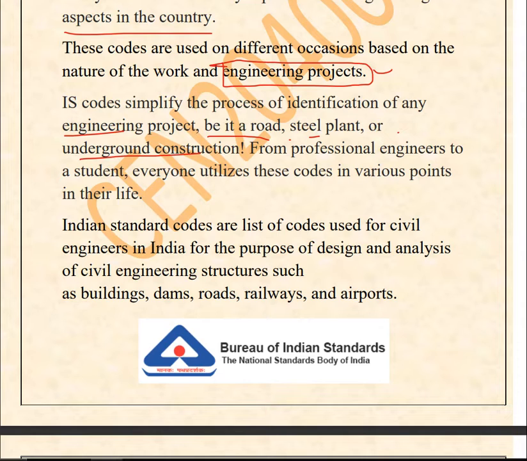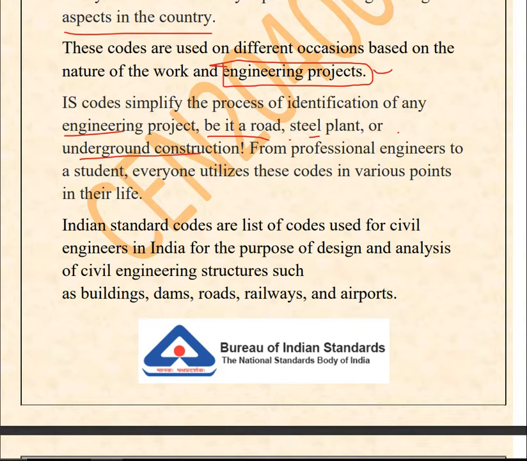Everything is under IS code, and we have to follow certain norms, certain measurements and certain values. In one word, in our country, IS code is followed everywhere in every engineering purpose. From a professional engineer to a student, everyone utilizes these codes at various points in their life.